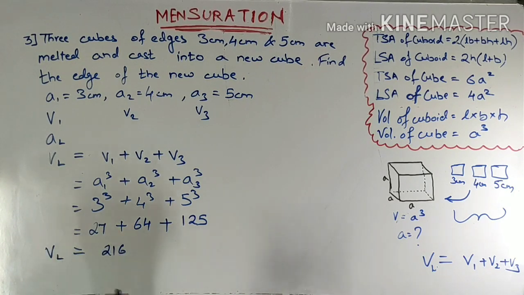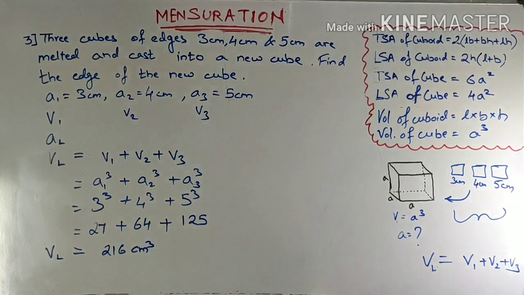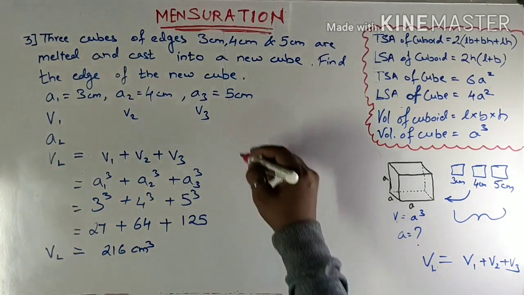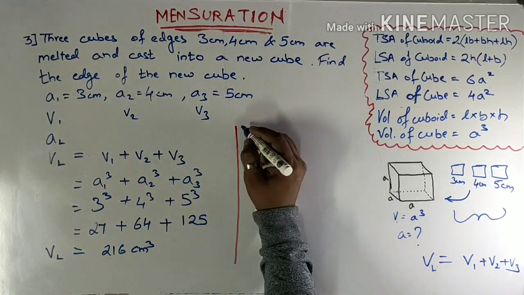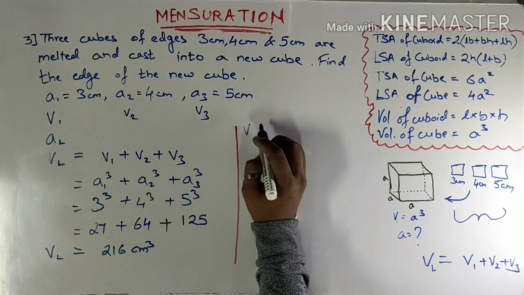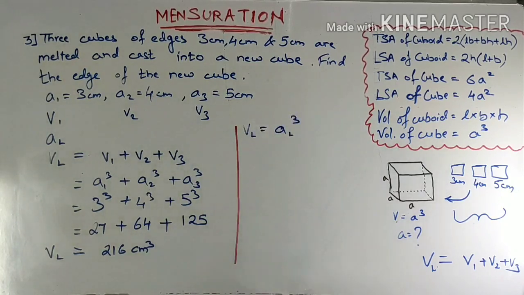So my volume of the larger cube is 216 cm cube. Now I got the volume. My next step will be, what is the formula for calculating the volume of the larger cube? That is nothing but AL the whole cube.